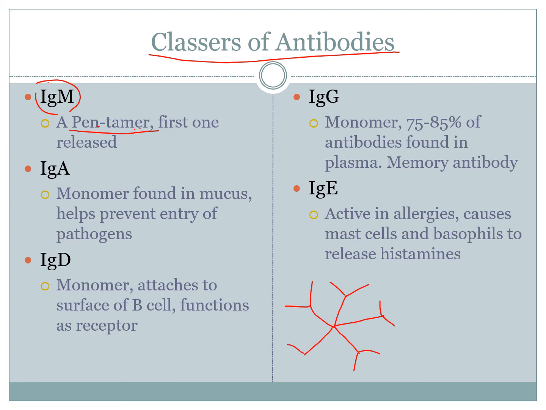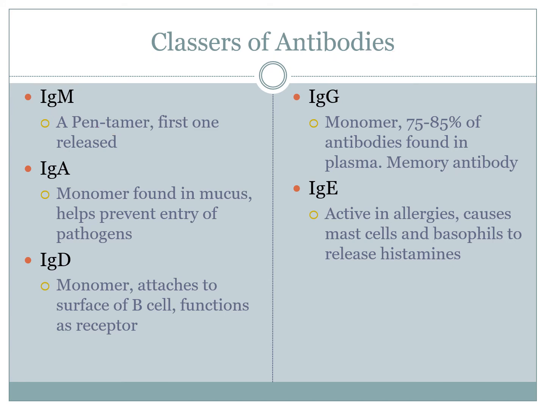These IgM are the first antibodies to be released when you're dealing with an active attack. That makes sense. You have a pentamer, which means you have more receptor sites on the actual antibody, which means more ability to collect antigens faster. So IgM is the first one to be released in an active infectious state.